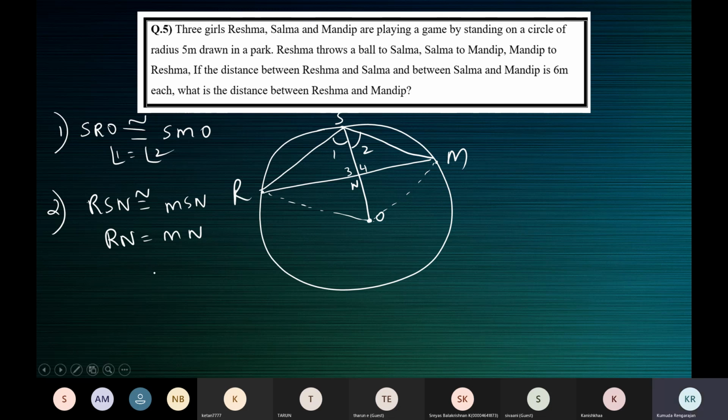RN is equal to MN, and then? Ma'am, angle SNR is equal to angle SNM. Very good. So then later, what will you get? Angle 3 is equal to angle 4 is equal to 90 degrees, right? Yes, ma'am. Next, what will you do? What next, children?